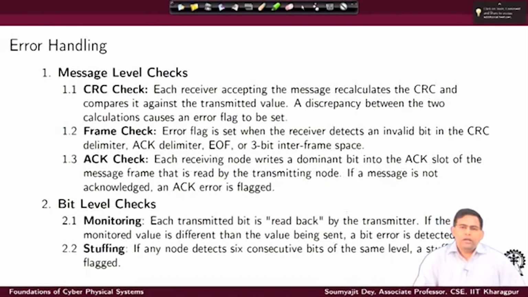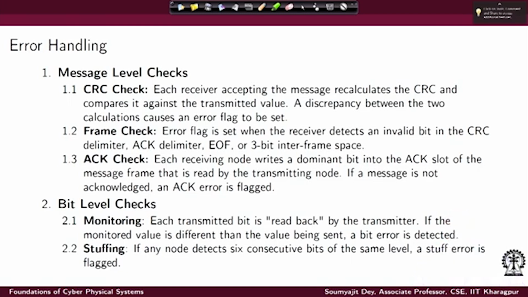There are also some bit level checks. The previous things are at the packet payload level. Now at the bit level, if you remember the property of CAN, whenever a bit is being transmitted, it is simultaneously also read by the transmitter. So if we can see that whatever I am transmitting, the bus is not having that value, then that is a bit level error that will be immediately detected.